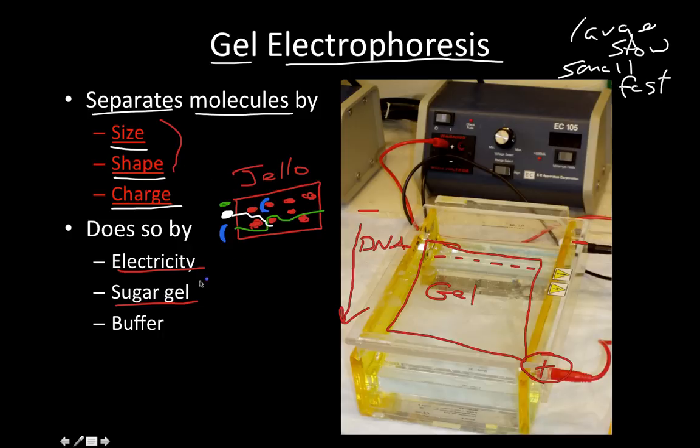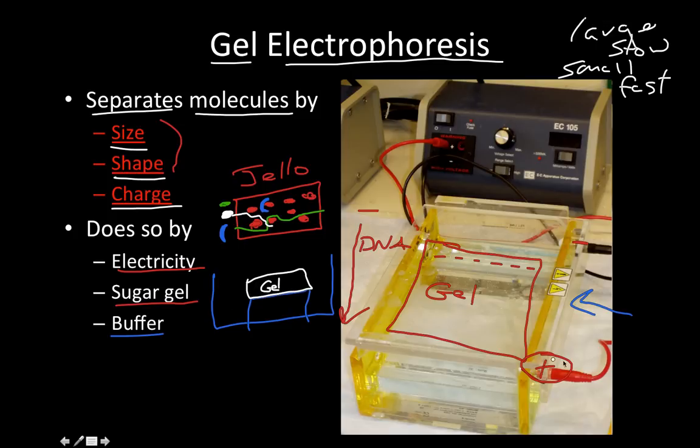The last thing that we need to talk about is our buffer. So if we were to look right here and get eye level with our gel electrophoresis, we would see here's our tray, and there's a stage right here, and on top of that stage is where our gel is.